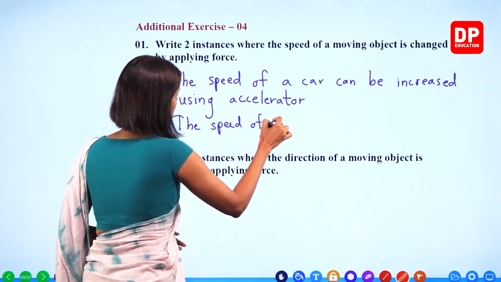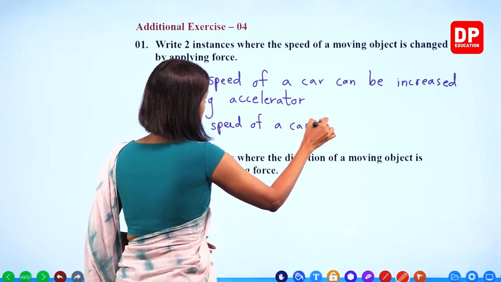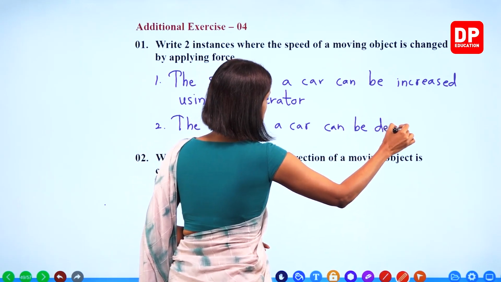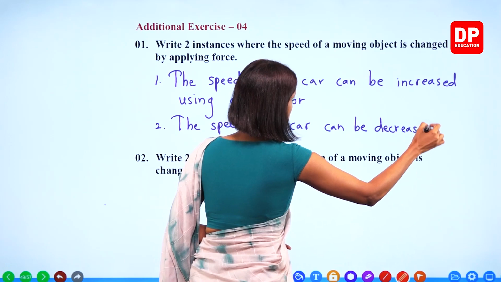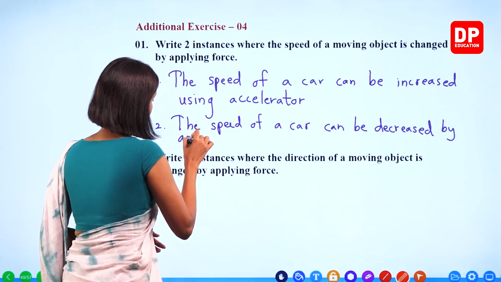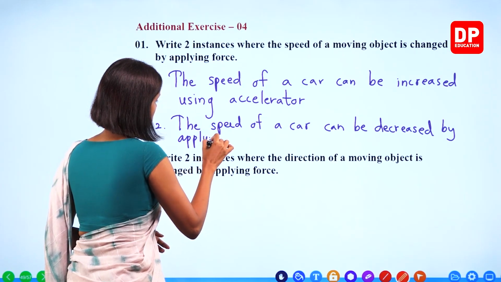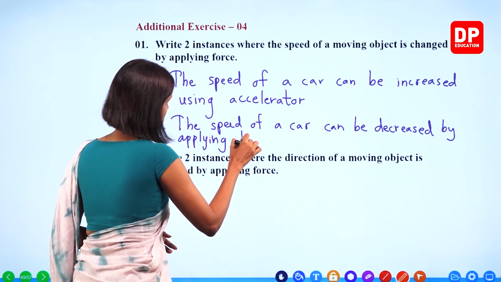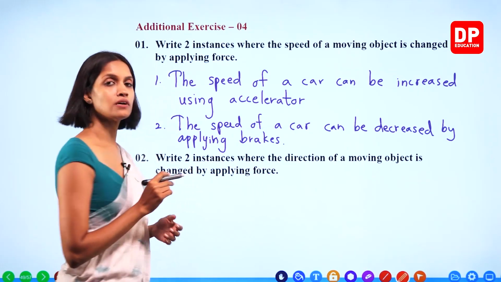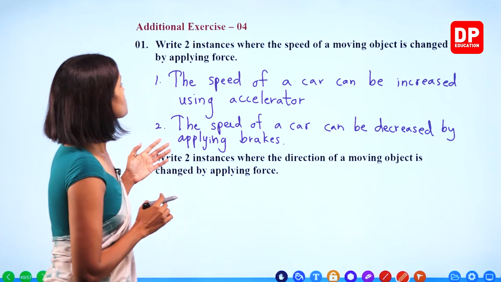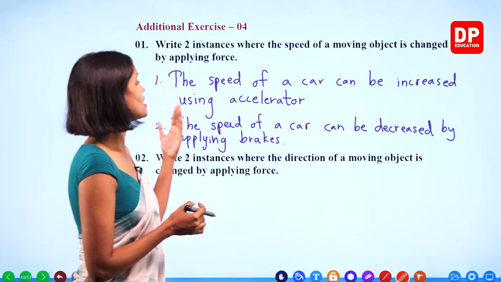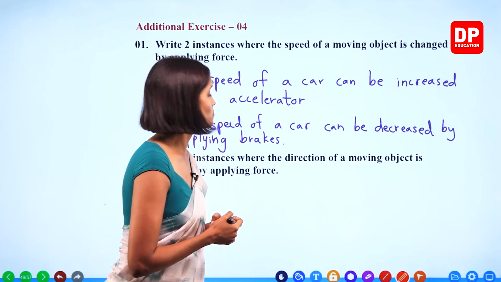Speed of a car can be decreased by applying brakes. Right? The speed of a car can be increased using the accelerator. The speed of a car can be decreased by applying brakes.